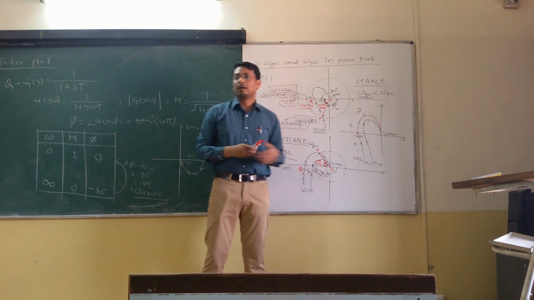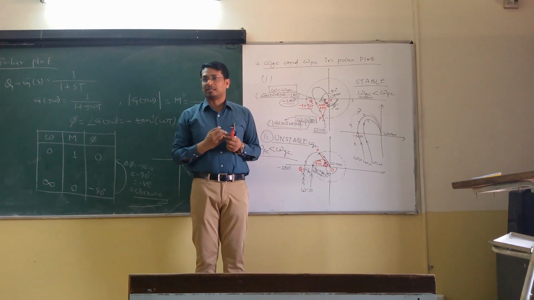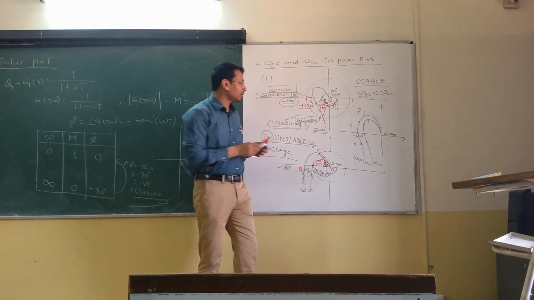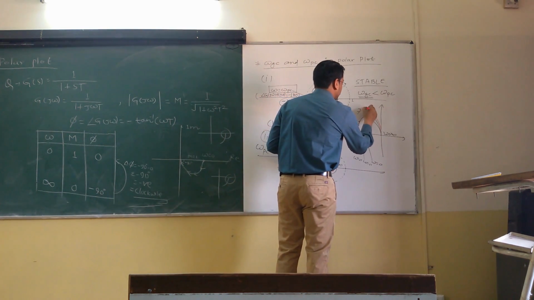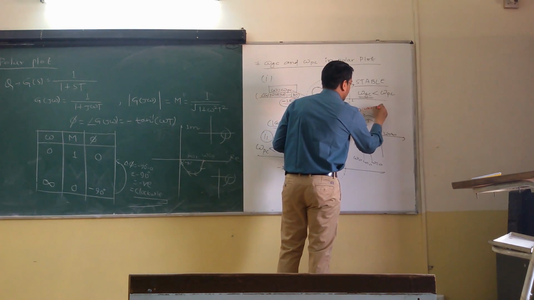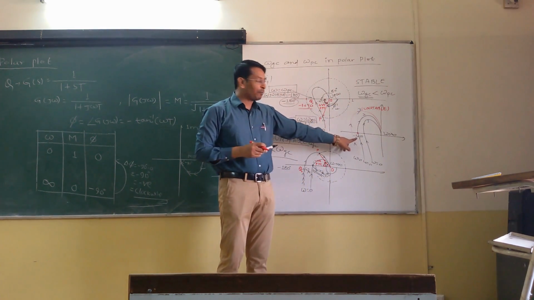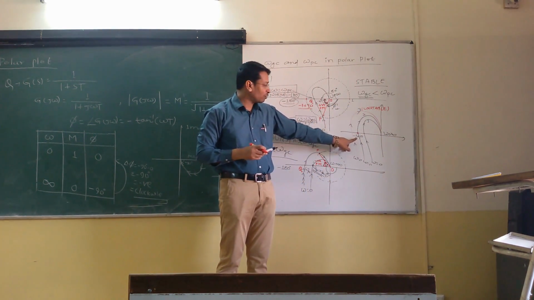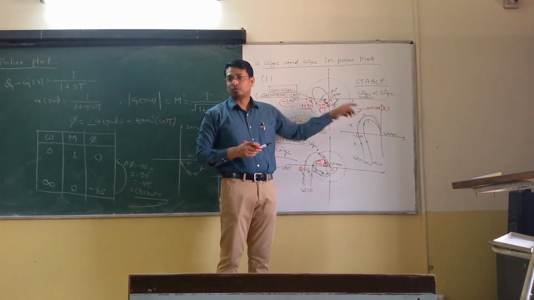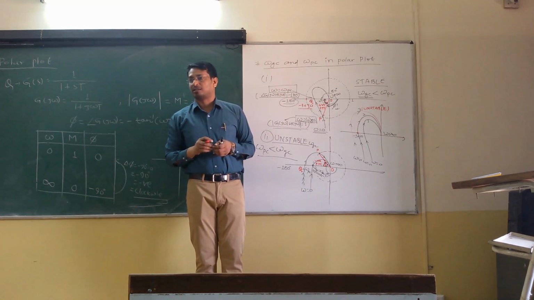It is enclosed by your polar diagram. So you will say this type of system is unstable. Okay. Without finding anything, just with the help of enclosure of -1 plus j0, you can conclude whether your system is stable or unstable.